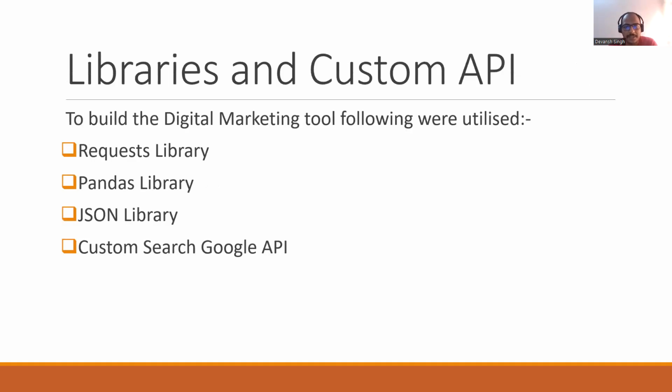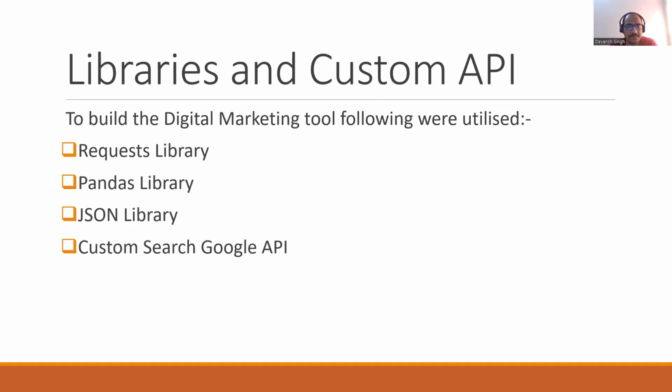So the libraries for this tool were the requests library, by which the program sends its HTTP request to the internet. The pandas library is used to display the data in the form of tables, and the JSON library is used for transmission so that the machine can understand what it is receiving.